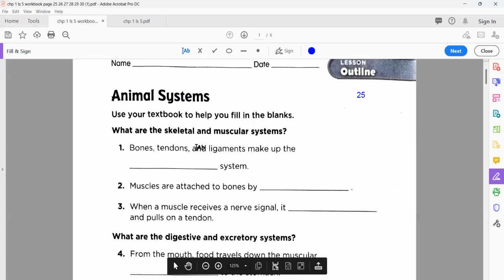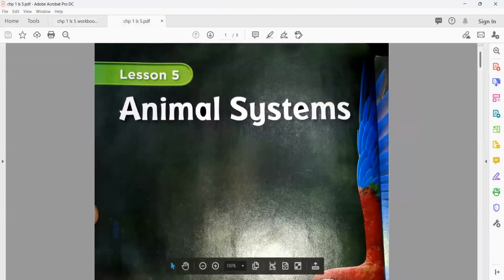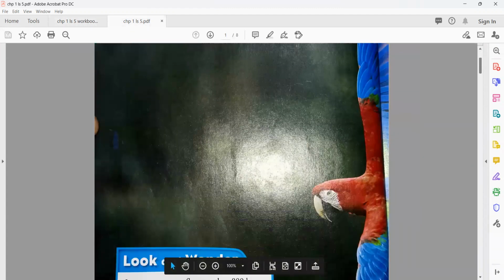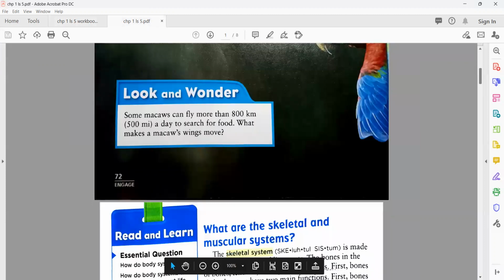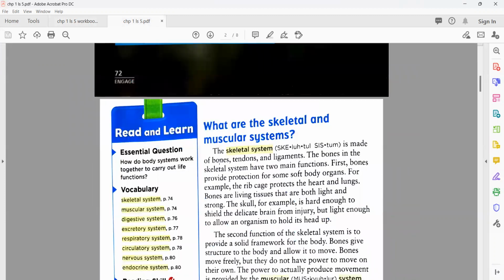We're going to discuss the skeletal and muscular system. Bones, tendons, and ligaments make up the skeletal system. You can see here on your textbook page number 73, the first statement mentions that the skeletal system is made up of bones, tendons, and ligaments.